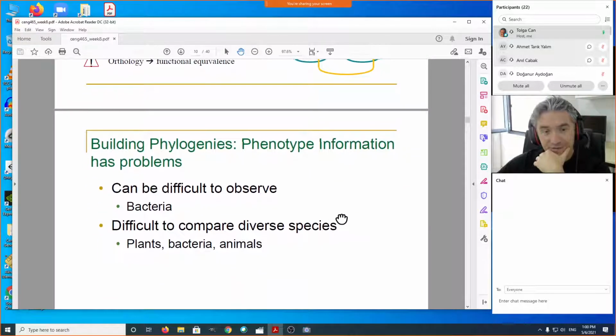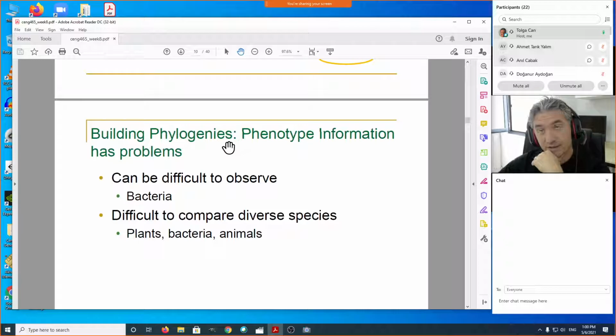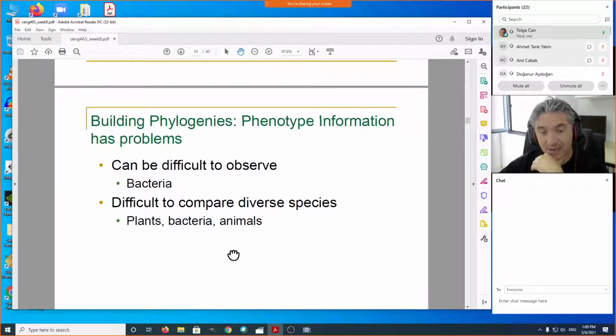Before we had genetic data, phenotype information was used mostly, like the traits of those species, whether they have wings or not, whether they can swim or not, things like that. These are characteristics. Phenotype information can be difficult to observe for very small species like bacteria, and difficult to compare diverse species within plants or within bacteria.